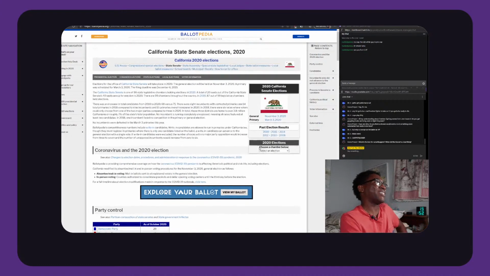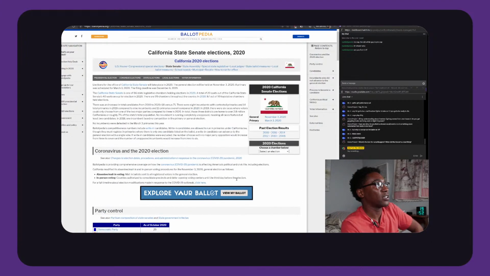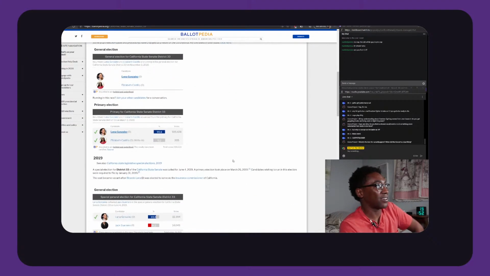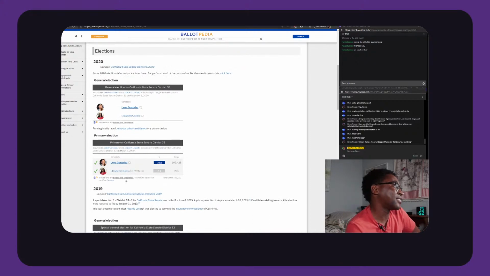So in the primary, it would appear that this is a very deeply blue district anyways, and a lot of the top two vote getters were Democrats. Elizabeth Castillo was a write-in candidate with 205 votes, and Lena Gonzalez appeared to be the only one running, with 109,000 votes. So she looks like pretty much a shoo-in.